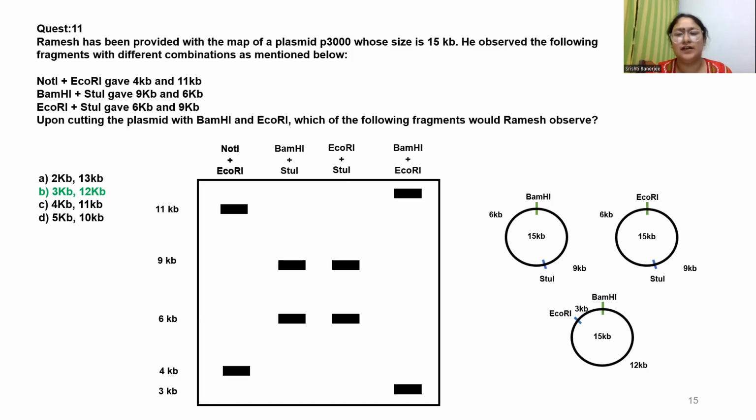Suppose it was 9, then the common is 9, then what would happen? 9 plus 9, 18, but the entire size of your plasmid is 15, so that is exceeding it. So this fragment 6 plus 6, 12 is within 15 kb, and also it is common between BamH1 and EcoR1.